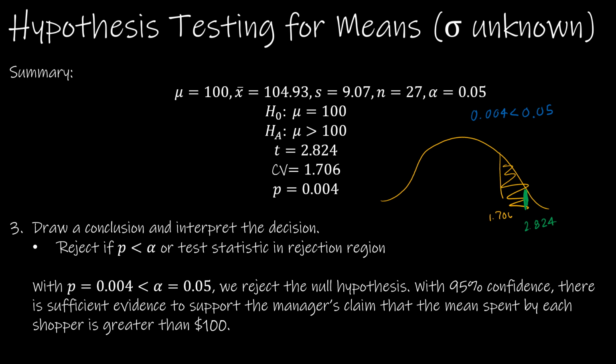So both say to reject. So with p less than alpha, we reject the null hypothesis. So that's the first two parts. Here's the data. Here's our conclusion. And then, of course, what does it mean? With 95% confidence, there is sufficient evidence, because we rejected, we're saying there is evidence to say this is true. So there is evidence to support the manager's claim that the mean spent by each shopper is greater than 100.